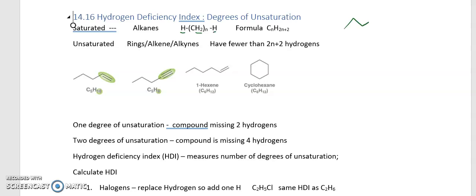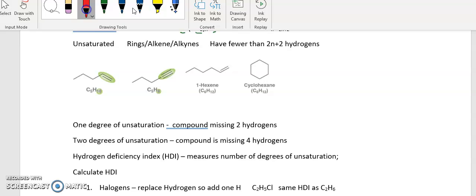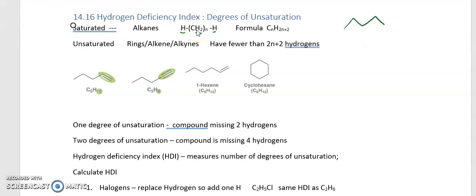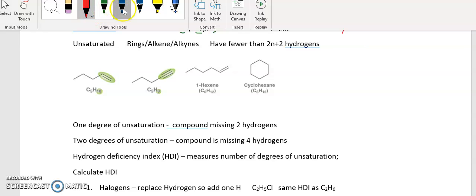So if we've got this compound here, I'm going to change colors and we'll just draw in hydrogens. Nice Christmas colors here. Okay, so there would be two hydrogens on each carbon, and then the ones on the end get a bonus hydrogen.